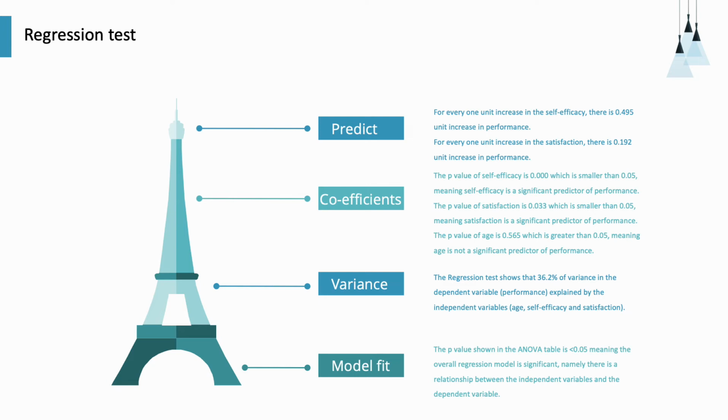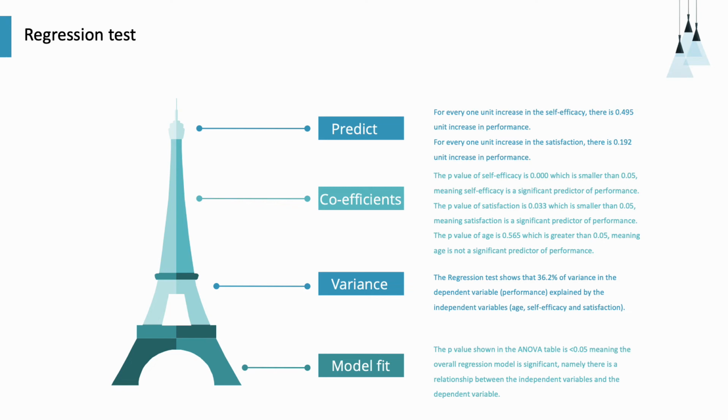The regression test shows that 36.2% of variance in the dependent variable, performance, is explained by the independent variables age, self-efficacy, and satisfaction. The coefficients table indicates that the p-value of self-efficacy is 0, which is smaller than 0.05, meaning self-efficacy is a significant predictor of performance.